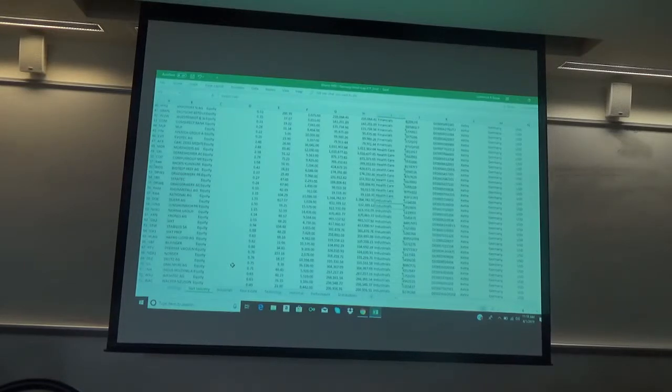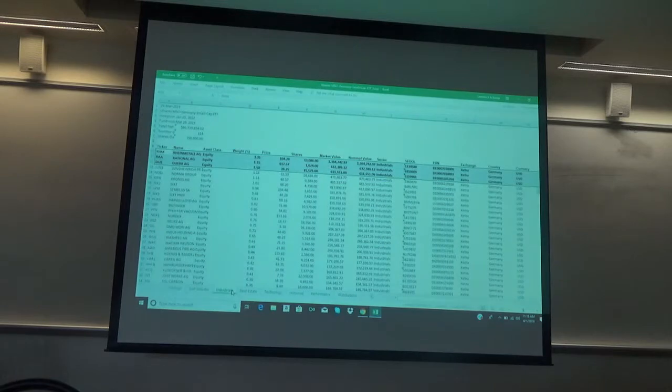So then what I did was I just copied this page over here, created a new worksheet, called it industrials, pasted it in, and just deleted all of the companies that weren't in the sector.